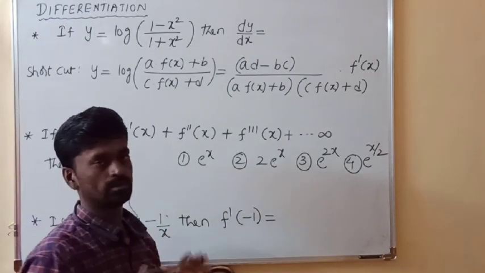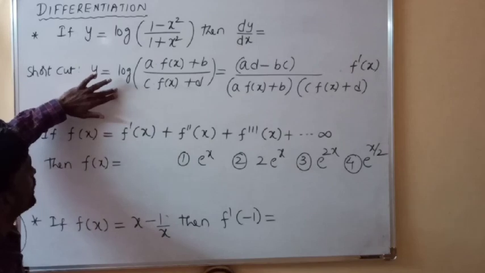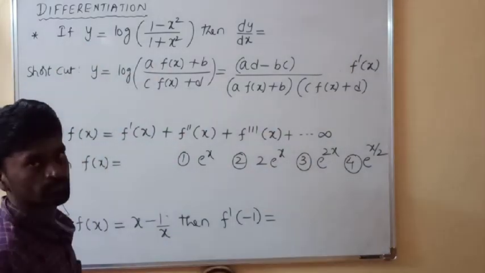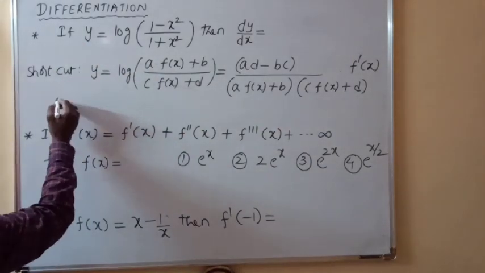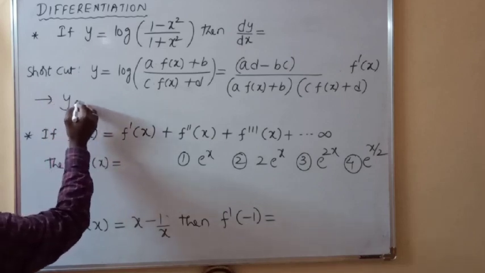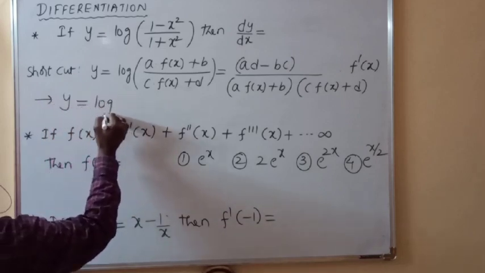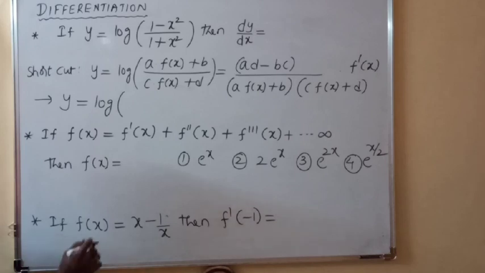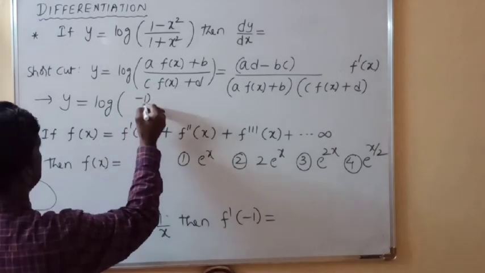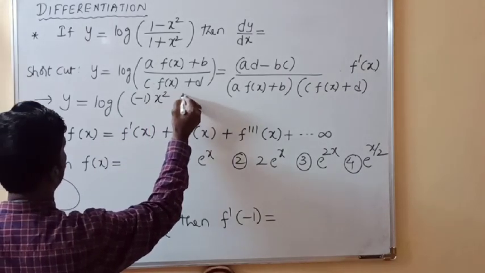So that is the shortcut. How can we apply this shortcut here? For that, you have to adjust the problem like this. y is equal to log of (1 minus x square) divided by (x square plus 1).